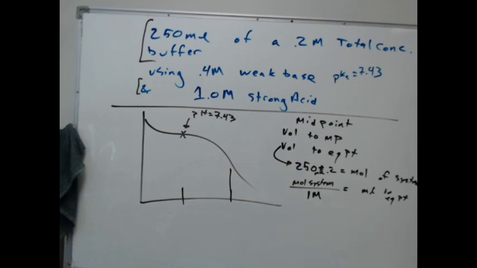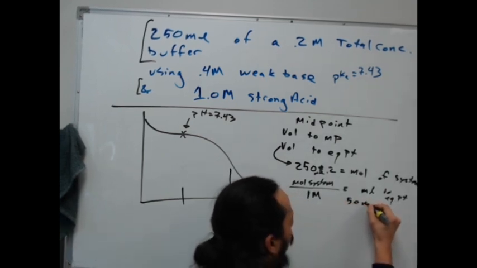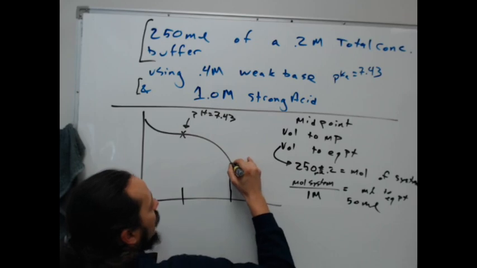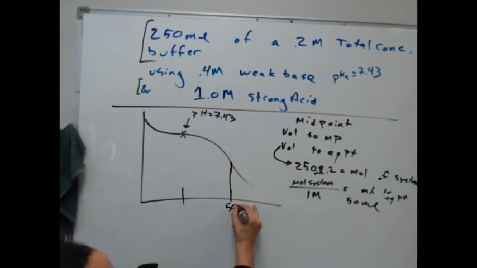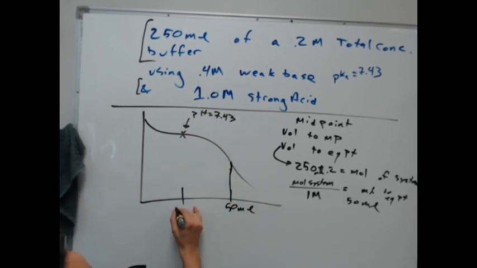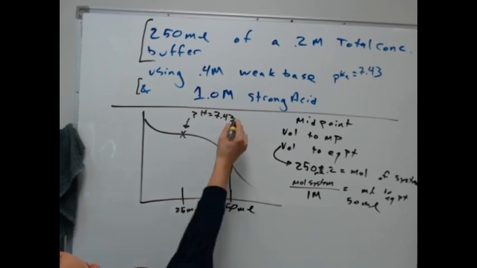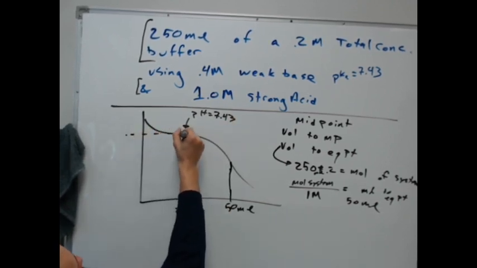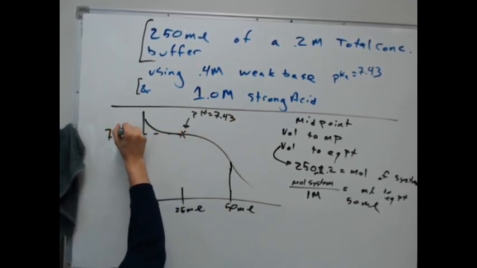Okay, so we do 250 times 0.2. That's going to give us 50 milliliters. Right, so right away, we got a couple things. It's 50 mils to there. It's 25 mils to there. And the middle is a pH of 7.43.